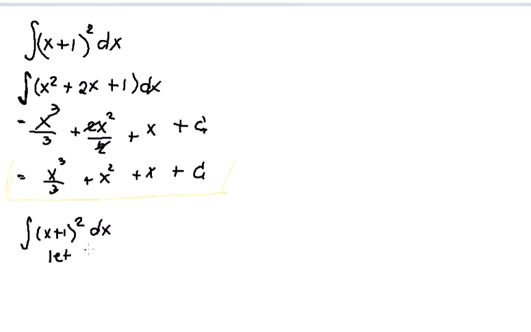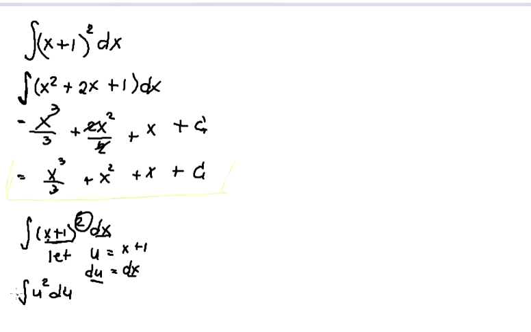So we can let u equal this whole term x + 1, and then we get the derivative: du equals the derivative of x, which is dx, and the derivative of 1 is just 0. So we can now substitute values. So we have the integral of this whole term equal to u², and dx is du.